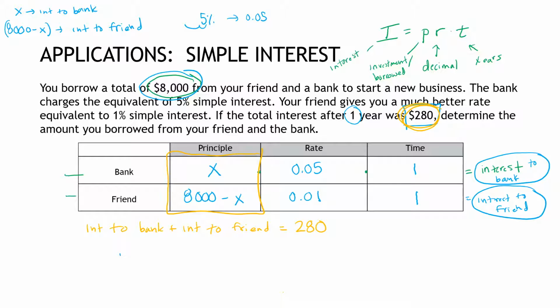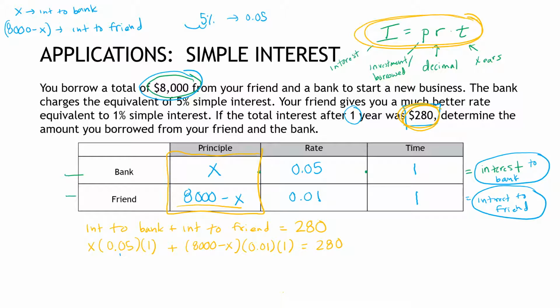and to the friend. The interest to the bank is found by taking the principal times rate times time. So that would be X times 0.05 times 1. And the interest to the friend would be taken by principal times rate times time, which is 8,000 minus X times 0.01 times 1.